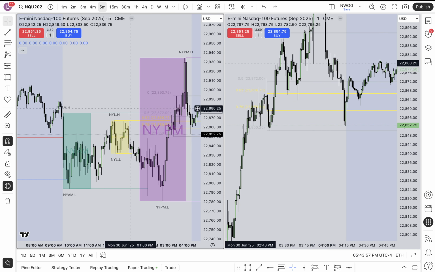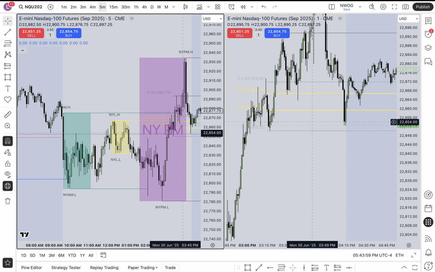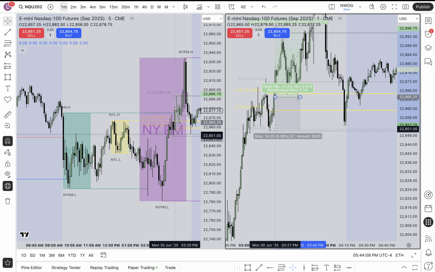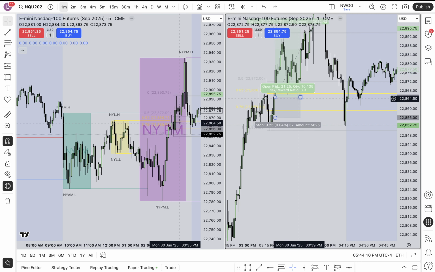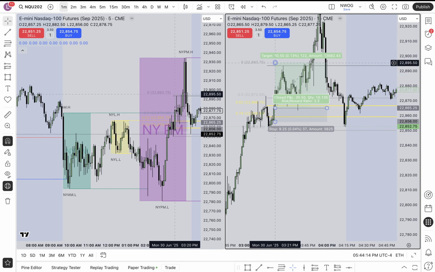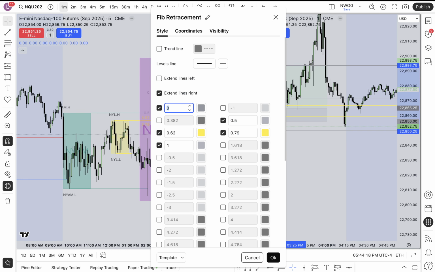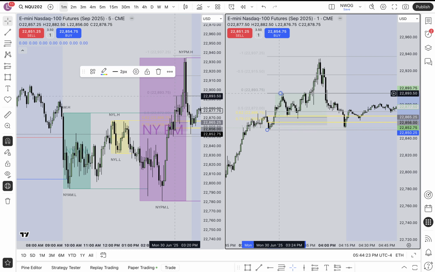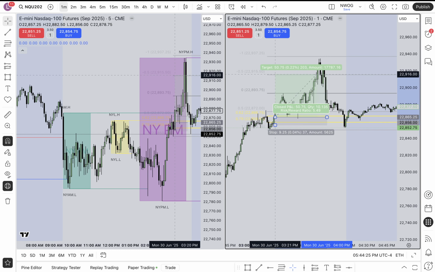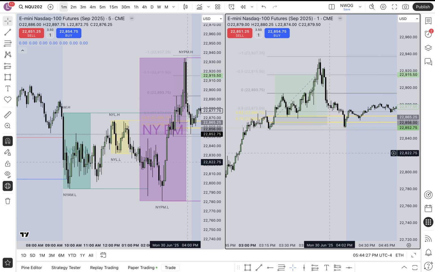You take out New York lunch high, OTE, have the entry right here, and enter right there. Take profits, right? Even the standard deviations, able to catch all of that.